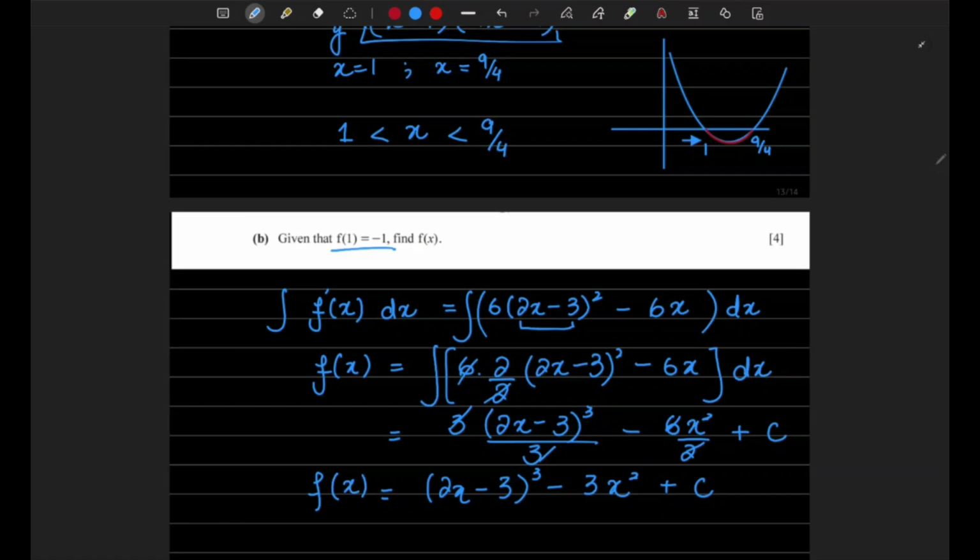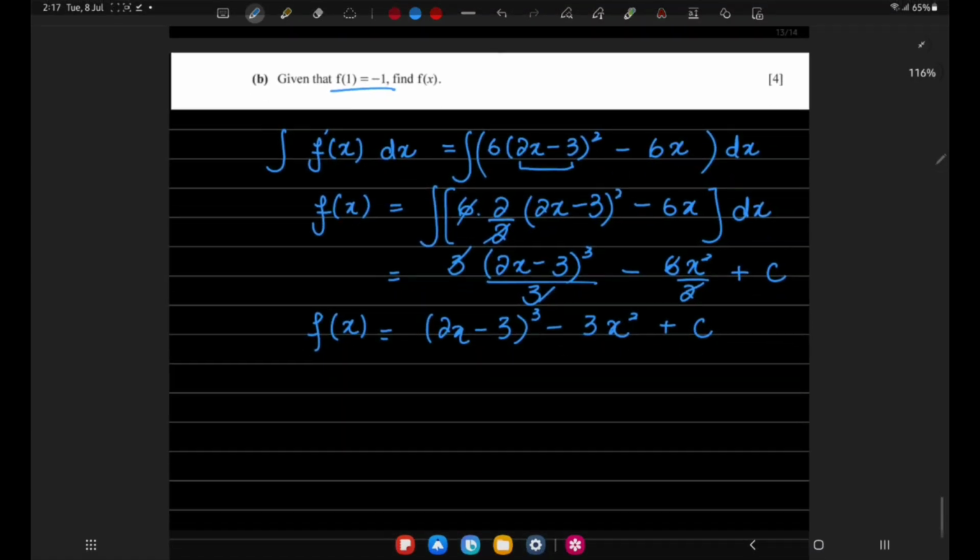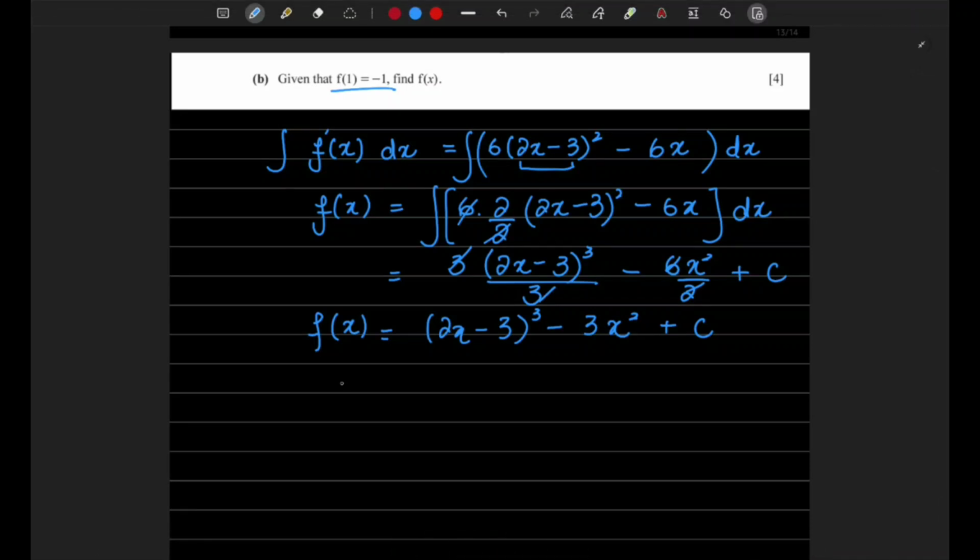To find this constant of integration, we have one thing, and that is f of 1 equals minus 1. So let's substitute 1 to get c.